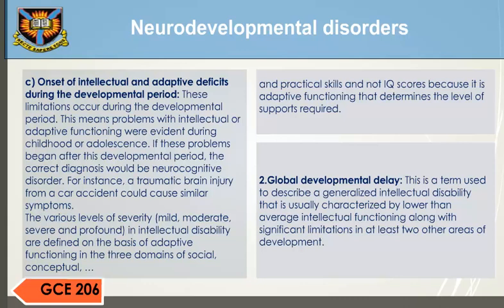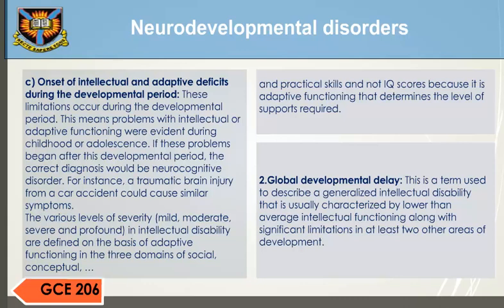The various levels of severity, mild, moderate, severe, and profound, in intellectual disability are defined on the basis of adaptive functioning in the three domains of social, conceptual, and practical skills, and not IQ scores, because it is adaptive functioning that determines the level of support required. 2.